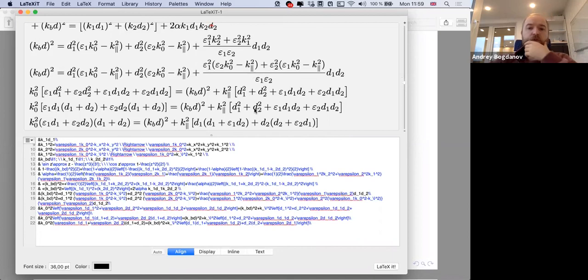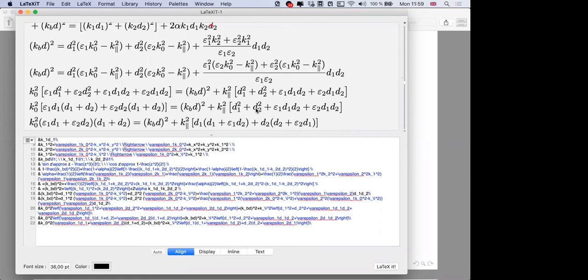Or maybe it's reasonable to combine other terms. Please have a look. Maybe d. If I combine. Why don't you have a term with denominator epsilon 1, epsilon 2?